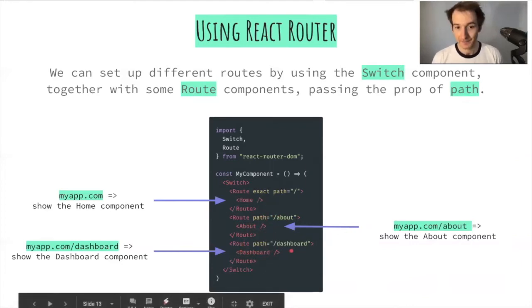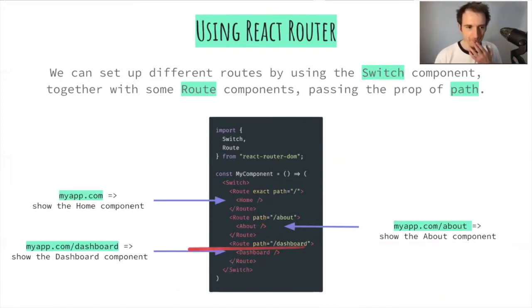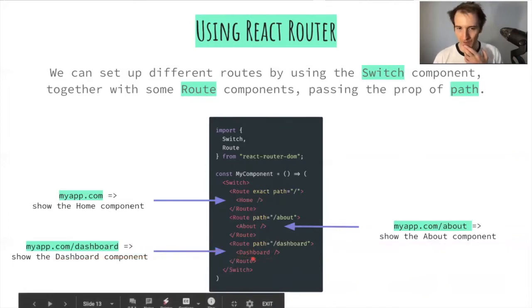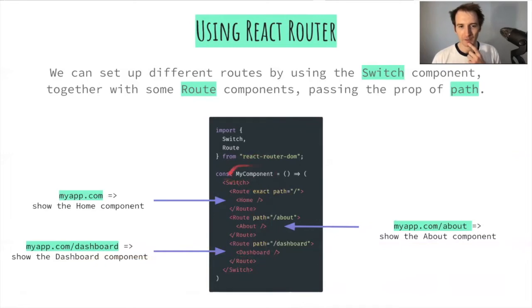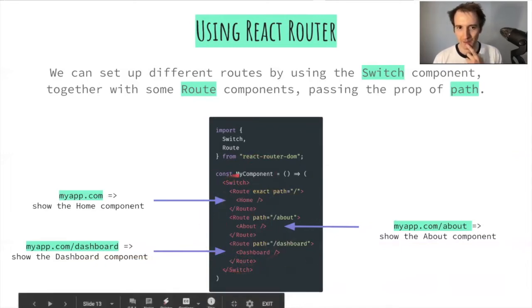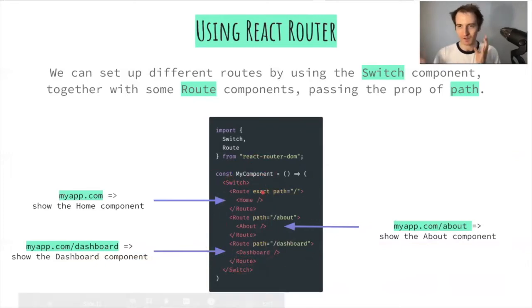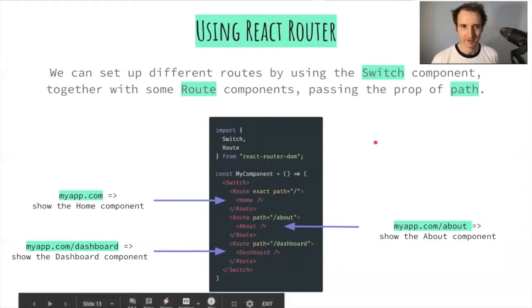And then if the address bar says /dashboard, so myapp.com/dashboard, we're going to show the Dashboard component. So this one component that we're using here, that we created, called MyComponent, depending on what's in the URL, we'll get something different each time. So hopefully that makes sense.